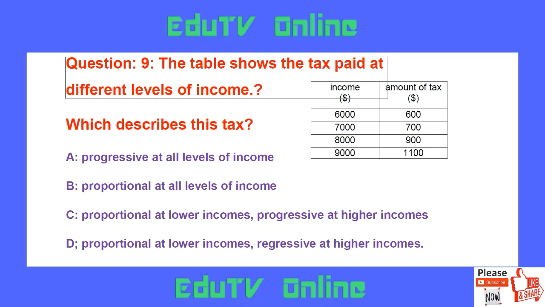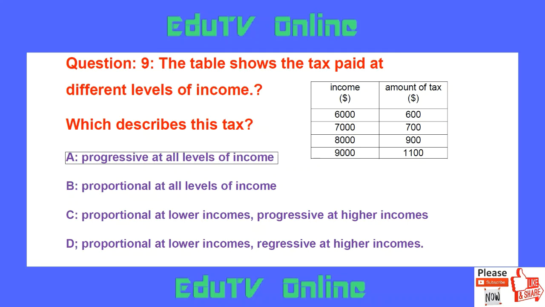Question 9. The table shows the tax paid at different levels of income. Income: 6,000, 7,000, 8,000, 9,000. Amount of tax: 600, 700, 900, 1,100. Which describes this tax?